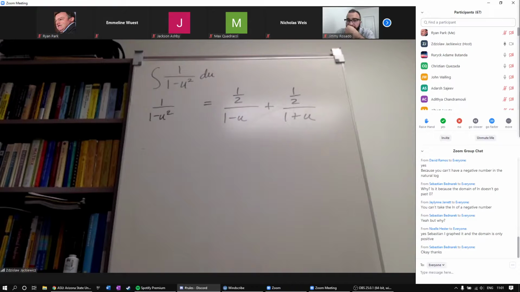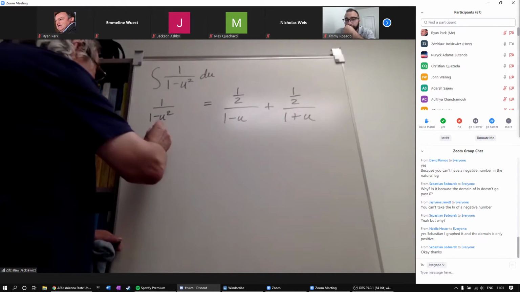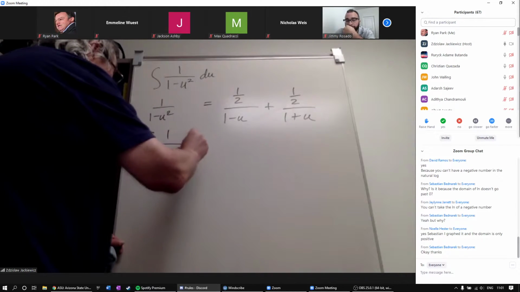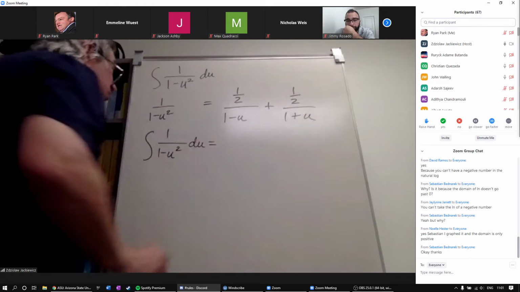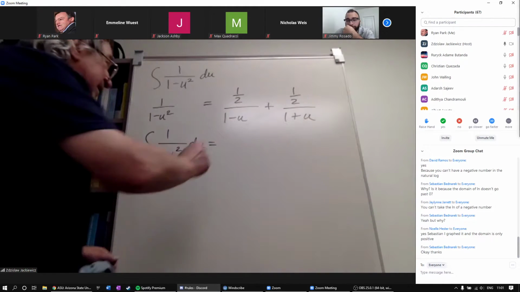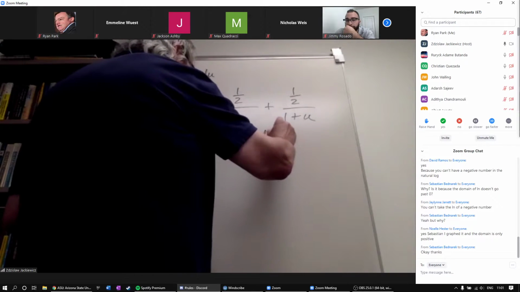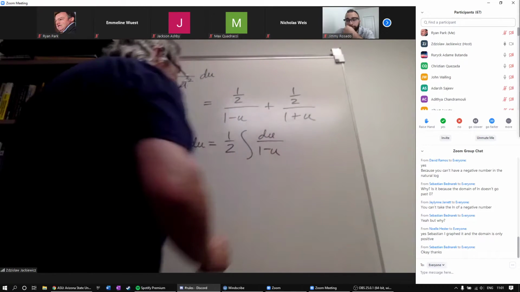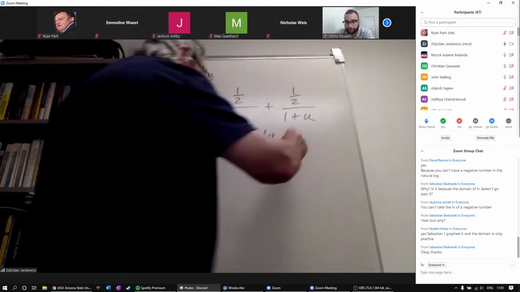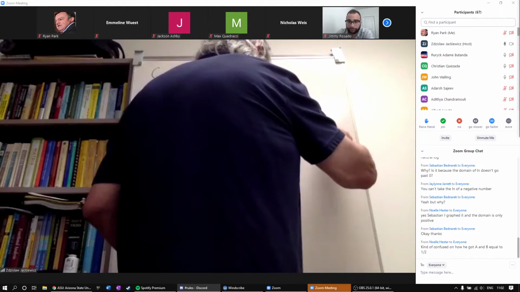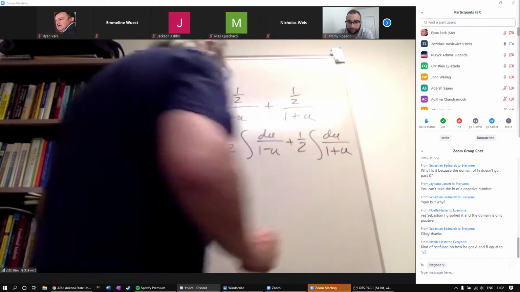So if you integrate both sides, you get that the integral of 1 over (1 minus u squared) du is equal to 1/2 integral du over (1 minus u) plus 1/2 integral du over (1 plus u).